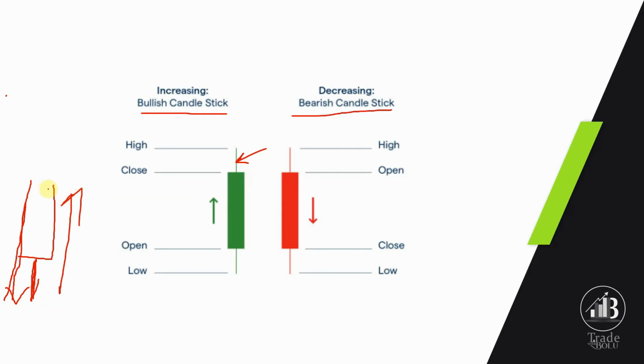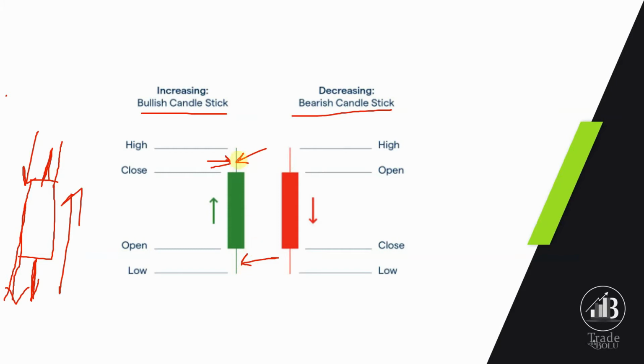It continued up, then retraced again, down, and so forth. That's how you have this second wick here. Really pardon my drawing, guys, it's not professional. So that's how these two wicks formed.